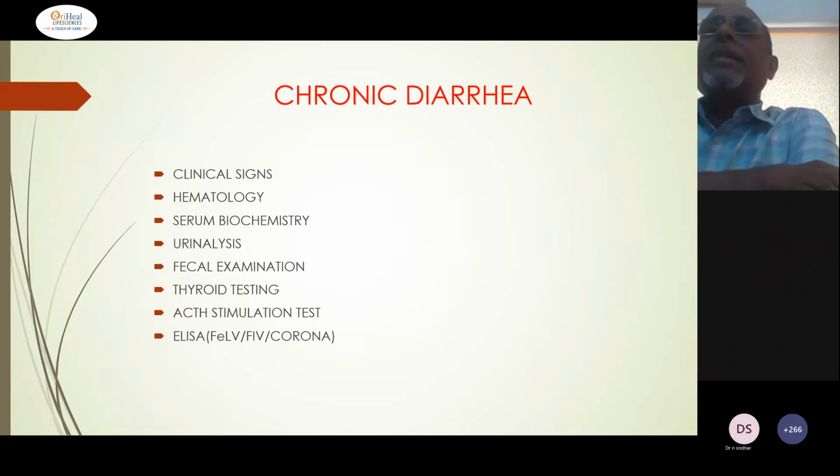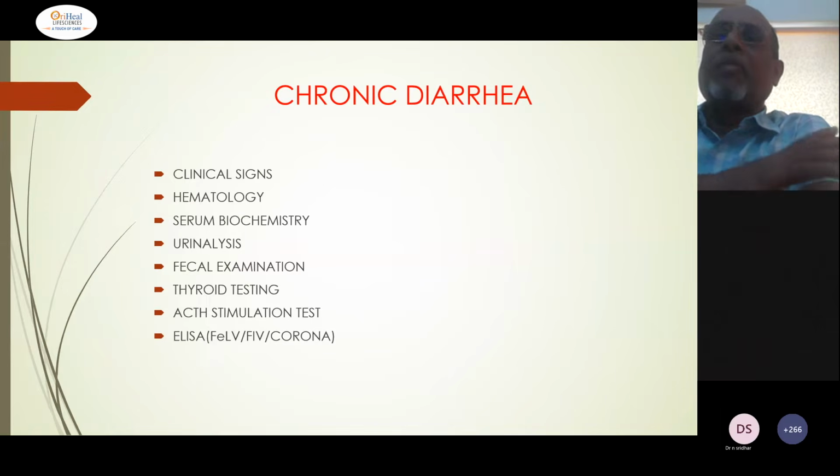Chronic diarrhea: clinical signs, hematology, serum biochemistry, urine analysis, fecal examination. Thyroid testing is very important. I already told you we've got a lot of tests, but thyroid total T4 is good enough for finding out whether the animal has hypothyroidism, apart from other signs like very low heart rate, being cold to touch, and bilateral alopecia typical of thyroid disease.